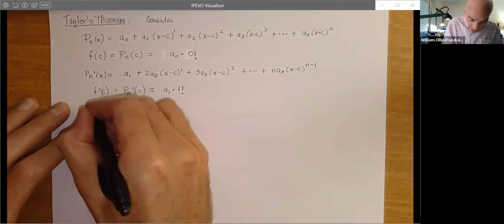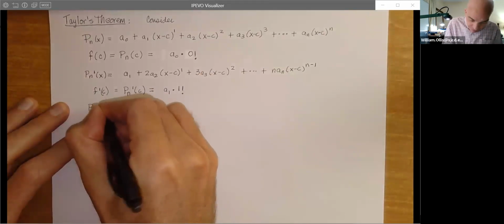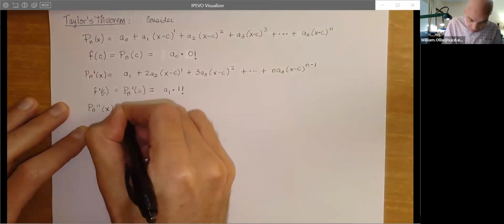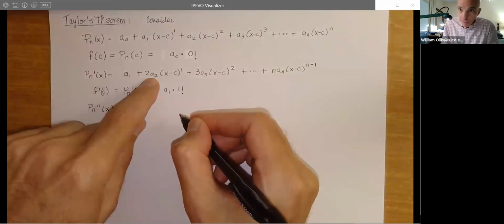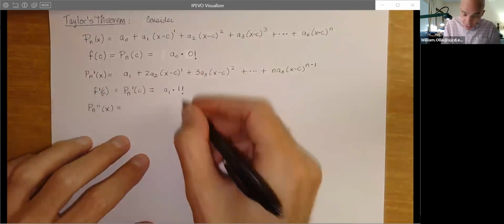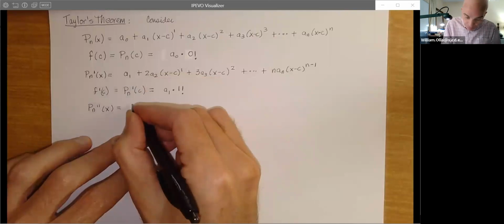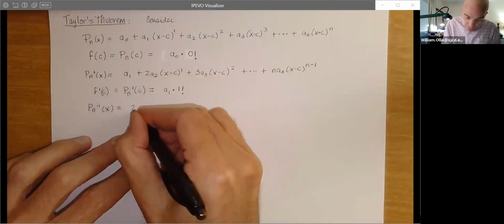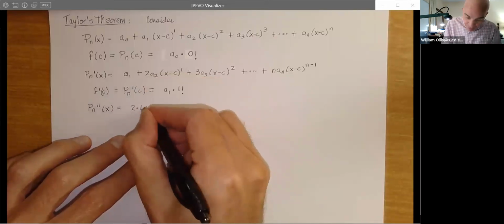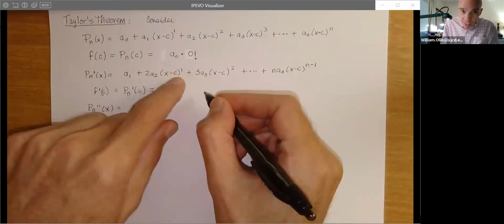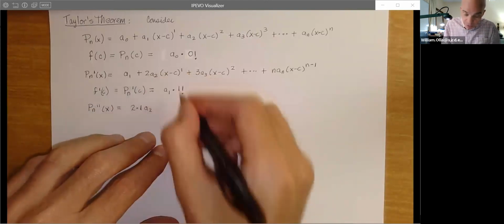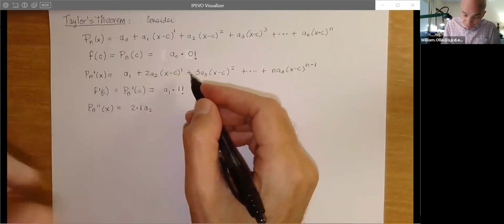Let's go ahead and differentiate again. So we're going to differentiate this function. So that'll be a 0. So now we get the 1 times the 2. So this will just be 2 times a sub 2, and then of course to the 0 power. So that goes away, derivative just being 1.